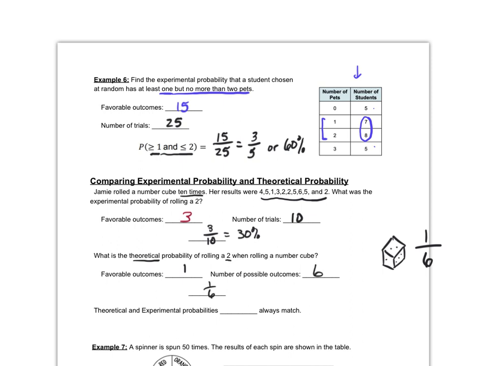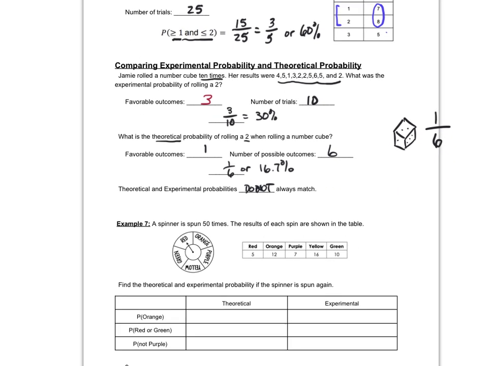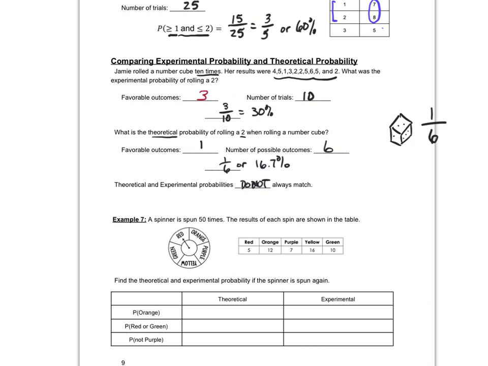So that is 1/6, or approximately 16.7%. So in this case, my theoretical and my experimental probabilities do not match up. I just want you to see that they do not always match.